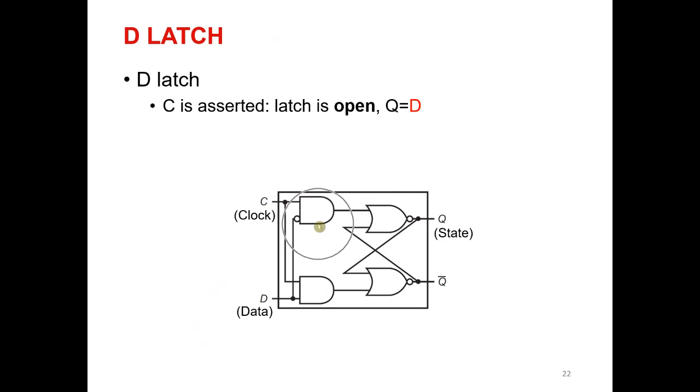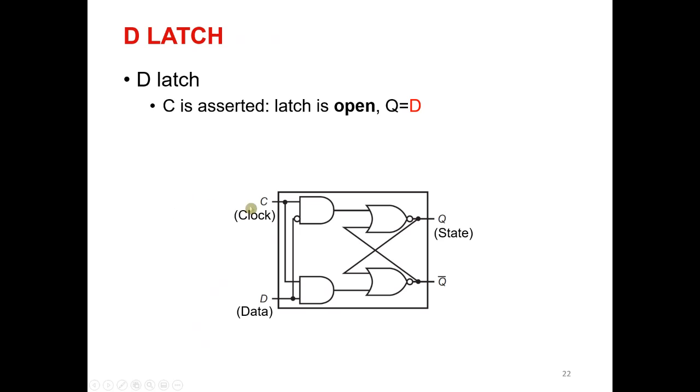We have seen that these white bubbles here are inverters, and that the black points are connections. So we understand what is happening inside. This is just mixing AND gates, OR gates, and inverters in order to make this happen.